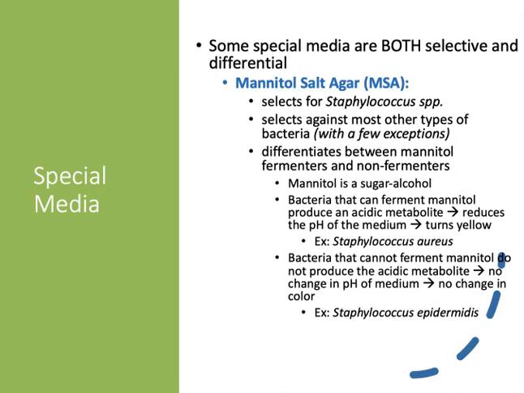Bacteria that can't ferment mannitol, other kinds of Staphylococcus, will grow on MSA, but they won't do that metabolic pathway. They won't ferment the mannitol. No acidic metabolite will be produced, so the pH stays the same, and the medium stays that pinkish color. Staphylococcus epidermidis is a good example of a mannitol non-fermenter.